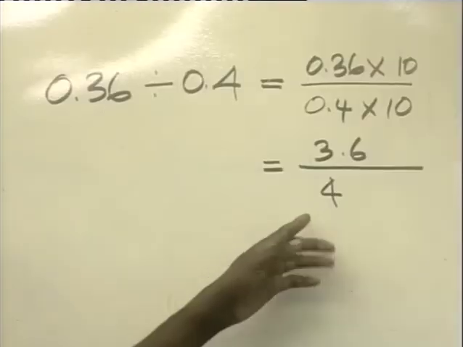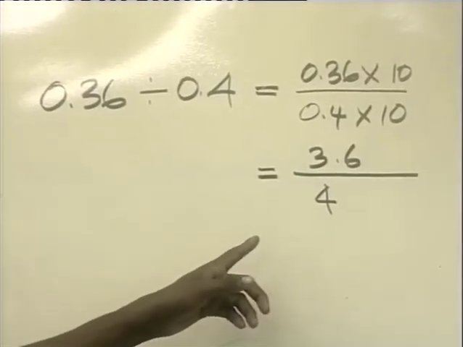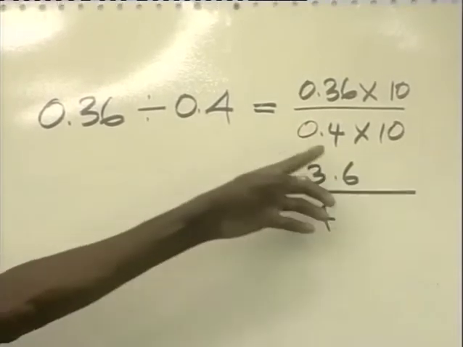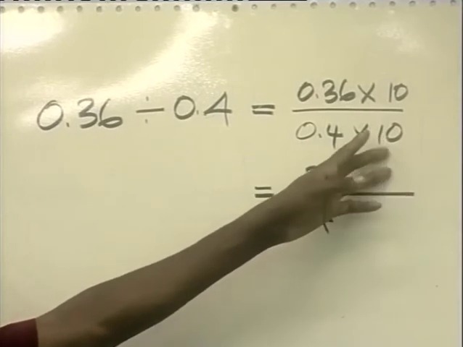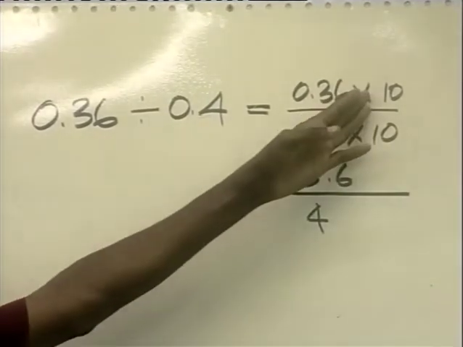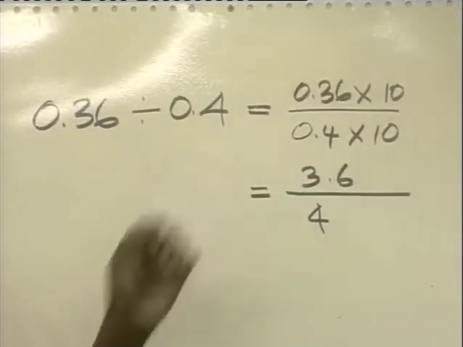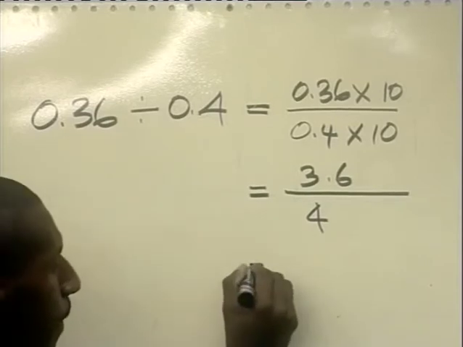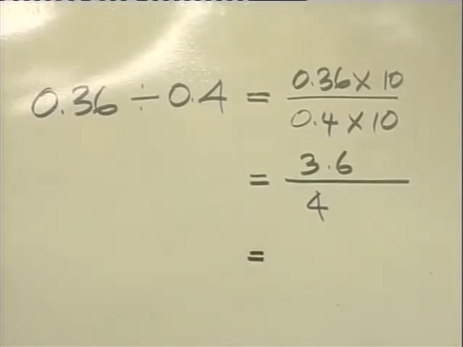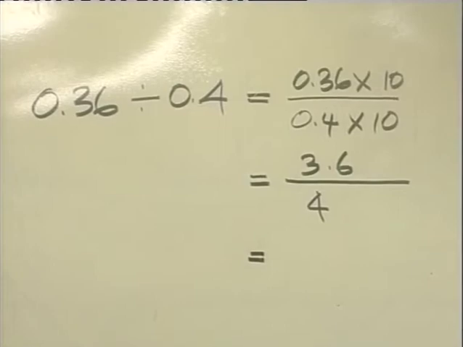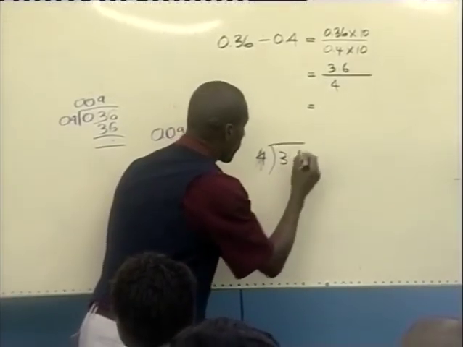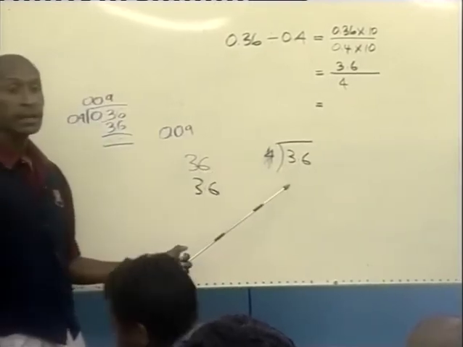Now, back to our key step. Have we changed the divisor into a whole number? Yes. 0.4 has been changed to a whole number by multiplying by 10, the divisor by 10 and the dividend by 10. Okay? So, now is it easy for us to divide? Okay, divide. What is the answer? 4 divided by... 4 into 3?